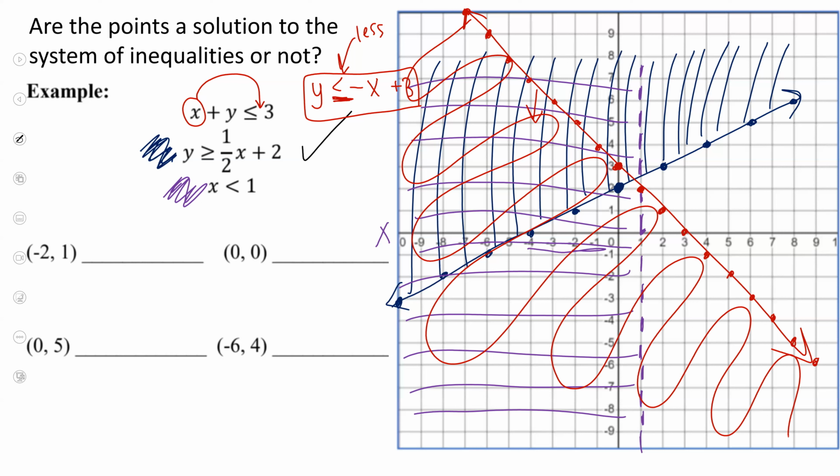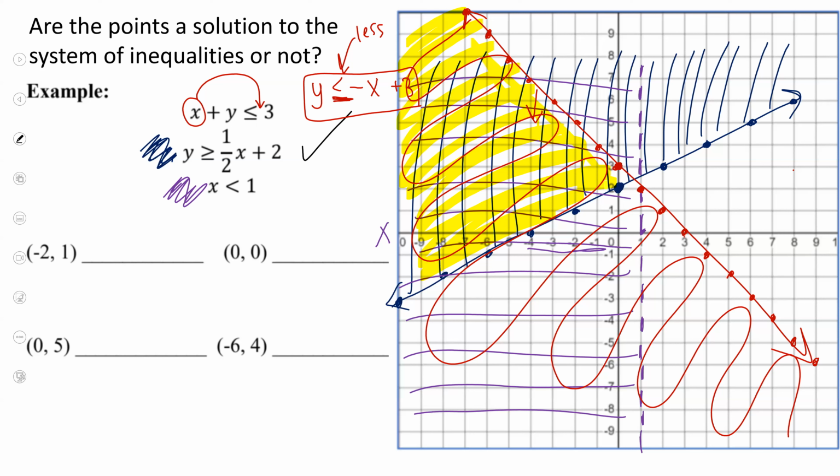Okay, so I'm going to highlight what our solution area is. Our solutions are in this triple shaded area. Triple because we have 3 different lines. Okay, so all of our solutions are in that shaded part.